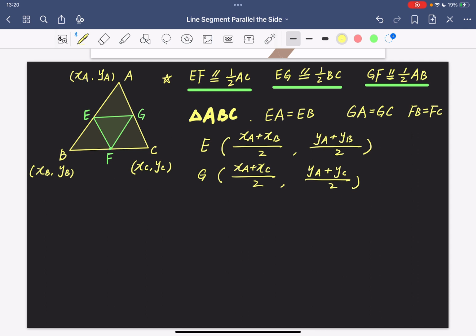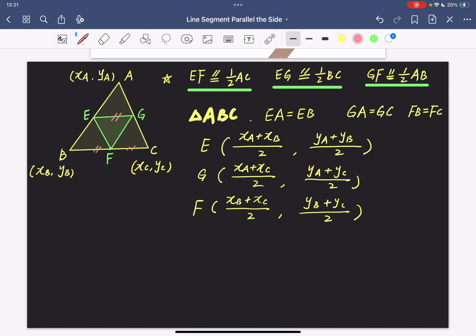For point F, the coordinates should be (xb plus xc over 2, yb plus yc over 2). Right?